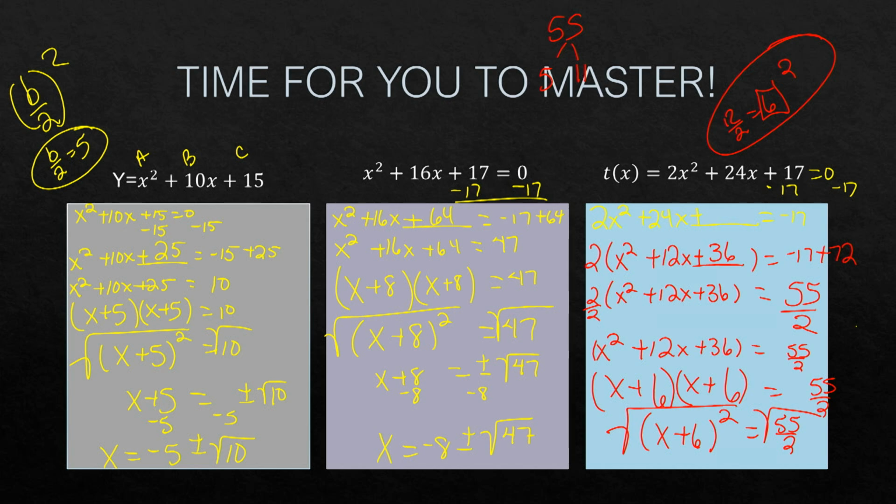So we're going to leave it as the square root of 55 over 2. So I'm going to rewrite it x plus 6 equals plus or minus the square root of 55 over 2. Subtract that 6, and I'm going to put my answer over here. So x equals negative 6 plus or minus the square root of 55 over 2.